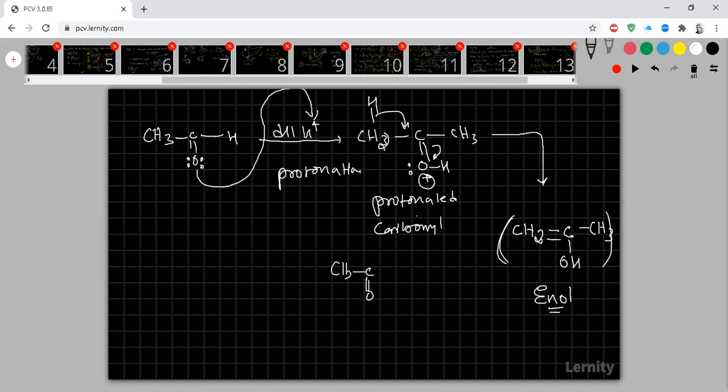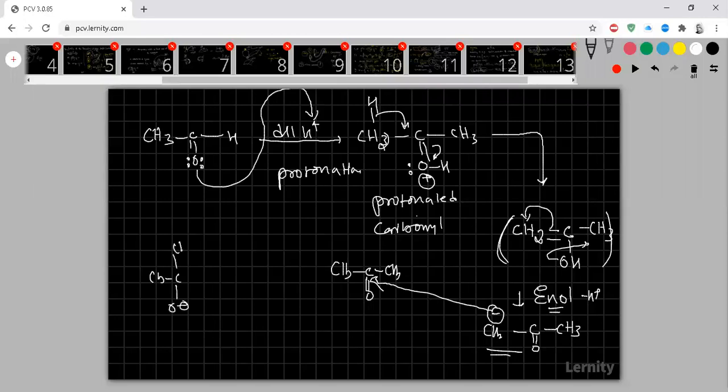CH3, C=O, CH3. Now this will shift here, this will come here. In that case, we will get CH2=C-O. So after removal of H plus, we will get the CH3. So this will go and attack here. So CH3, C, O minus, CH3, and CH2, C=O, CH3. Right? It can take the H plus. In that case, we will get CH3, C, OH, CH3, CH2, C=O, CH3. Right?